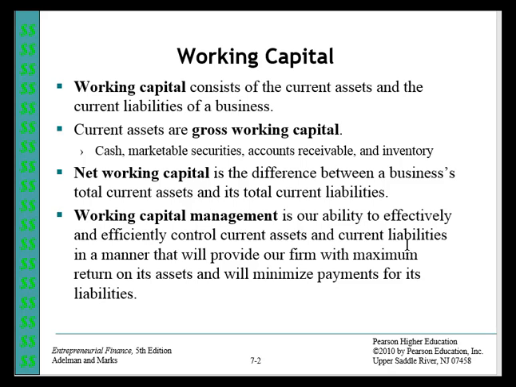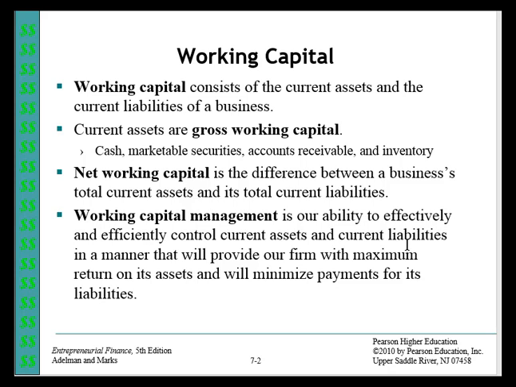So current assets are referred to as gross working capital: cash, marketable securities, accounts receivable, and inventory. Now, accounts receivable and inventory are not cash per se, but they should become cash relatively quickly, since accounts receivable, the debts that people owe us, they will pay, hopefully as quickly as possible.